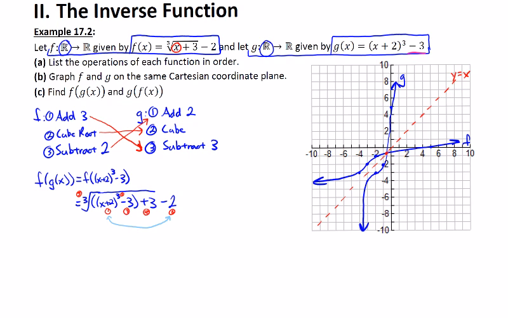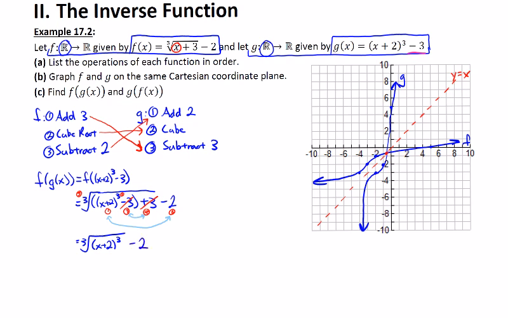However, step 3 and step 4, which are back to back, are inverse operations, minus 3 and then plus 3. So I do have the ability to immediately cancel the minus 3 and the plus 3, which is going to give us the cube root of (x plus 2) cubed, and then I'll have that minus 2 there at the end.